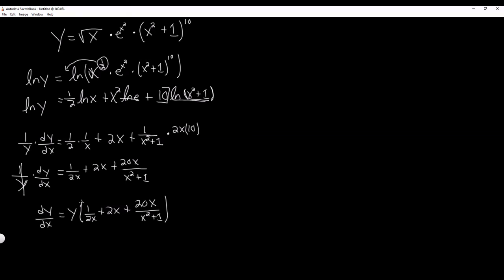Okay, last step, we're not done. This y right here needs to be written back in terms of x. As you can see up here, it is the square root of x times e to the x squared times (x squared plus 1) to the 10th power.